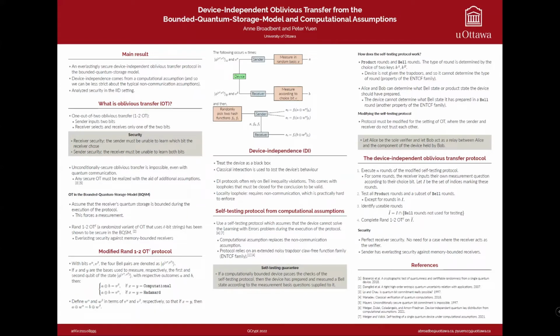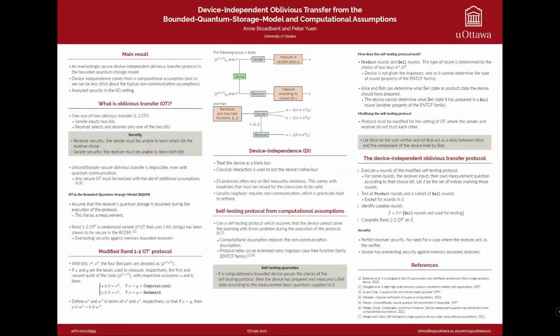The type of round is going to be determined by two keys, but the device is never going to be given trapdoors, and by properties of this extended noisy trapdoor claw-free function family, the device is never going to be able to determine whether it's in a product round or a Bell round, so it won't know whether it creates a Bell state or a product state.